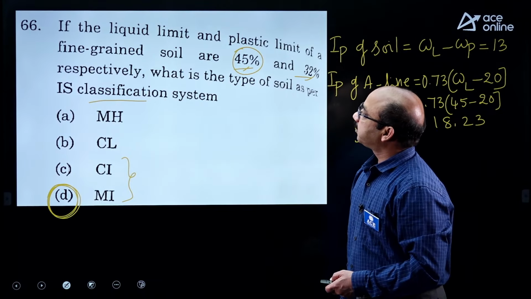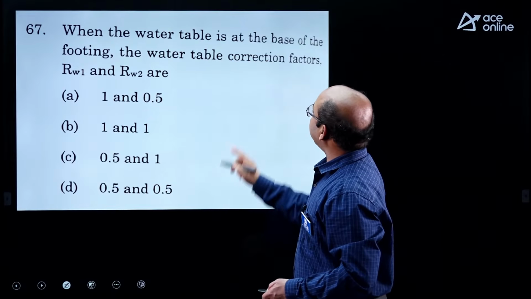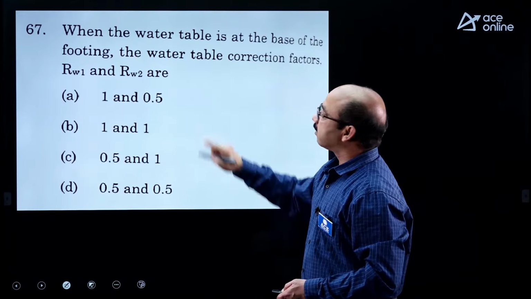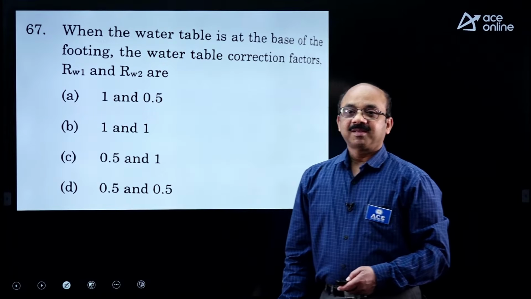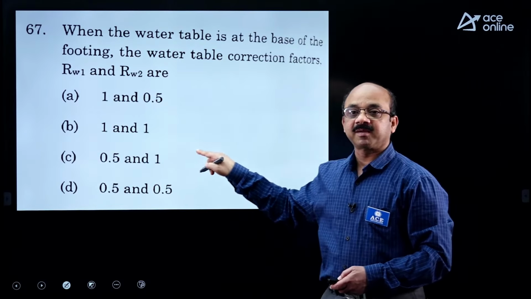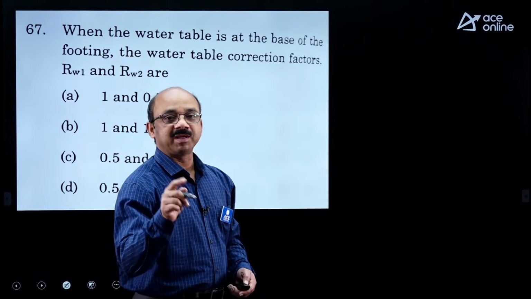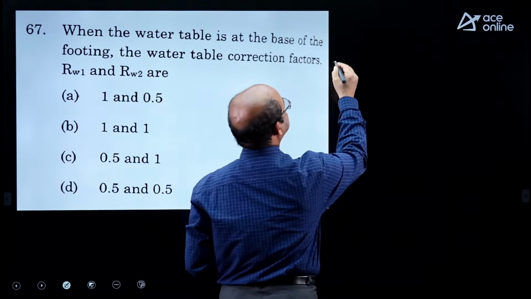Next is, when the water table is at the base of the footing, the water correction factors RW1, RW2. This is a straightforward question. You have to recall the basic formula as per Terzaghi for the calculation of the bearing capacity with the effect of water table. I may recall this equation something like this.